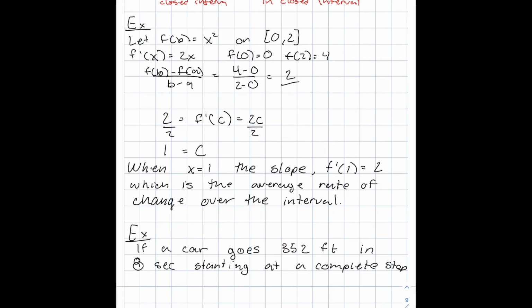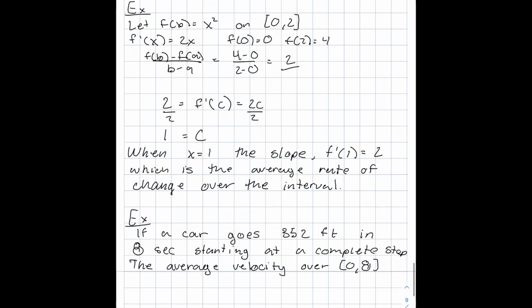Well then we can see that the average velocity over our time interval, which is 0 to 8. So at 8 seconds, we're going to be 352 feet away. And since we're starting at a complete stop, at time 0, we're going to be at distance 0.